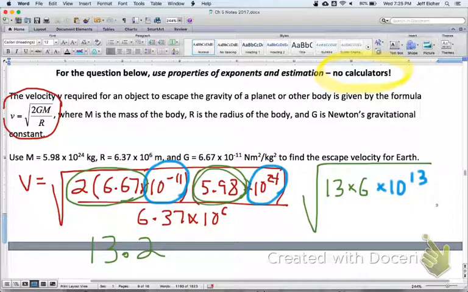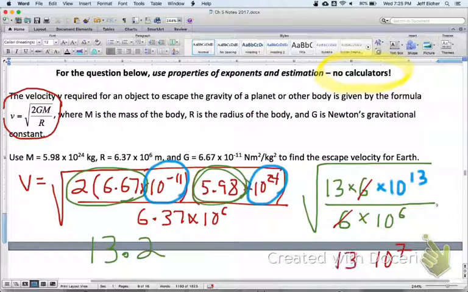If you hear that background noise, that is my puppy playing with a bone. And then the denominator, we have 6.37. That sure would be nice if that was 6. Let's just round down to 6, times 10 to the 6th. The 6's will divide out. The 10 to the 13th and 10 to the 6th will give us 10 to the 7th.